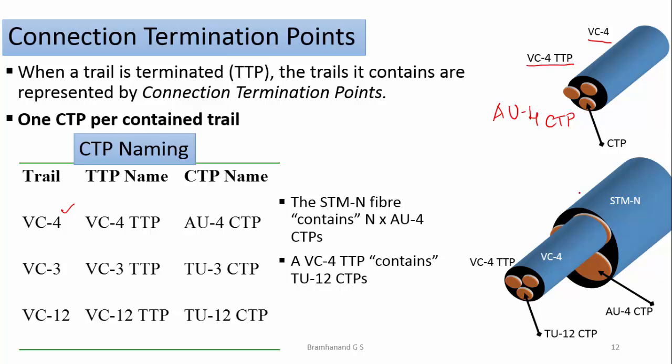In this example, if an STM N fiber contains N times AU4, then a VC4 CTP contains TU12 CTPs, and it also contains 3 AU4 CTPs.